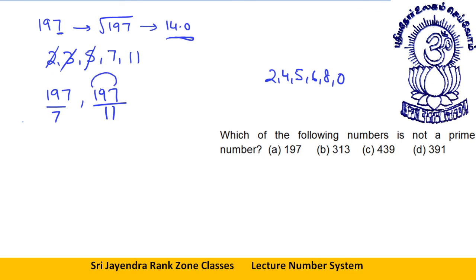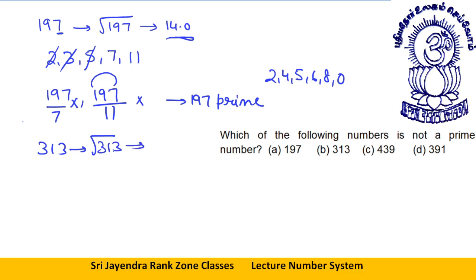Sum of these two, subtract this. 8 minus 9 is 1, minus 1. Not a multiple of 11. So again, not divisible by 11, also not divisible by 7. So I can say 197 is prime.